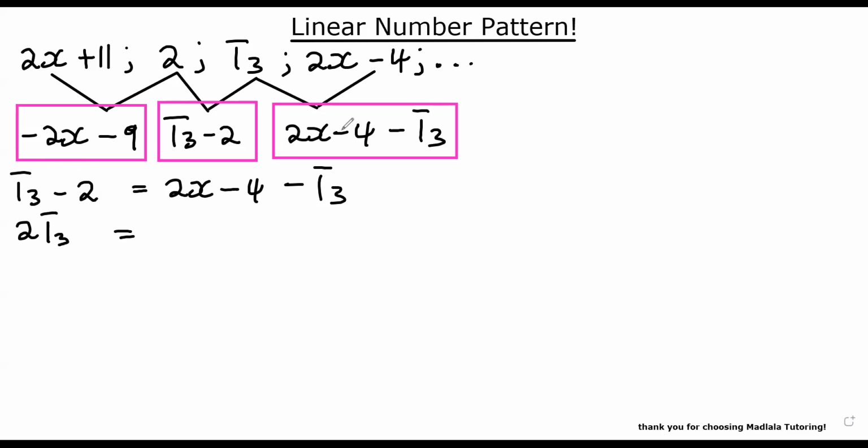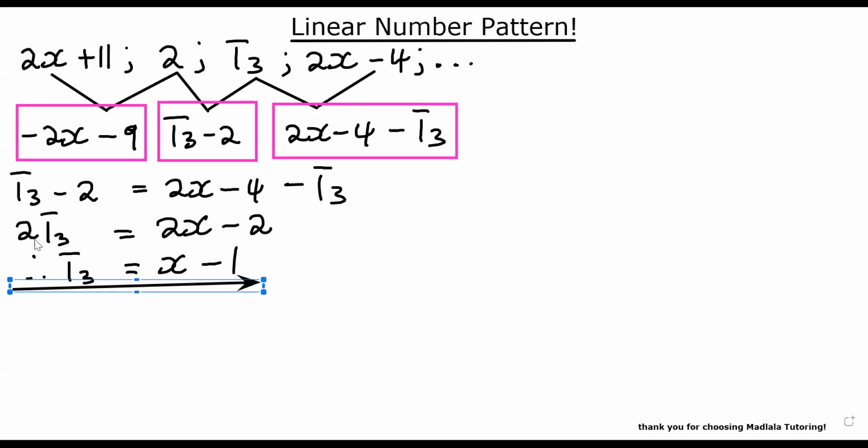Then we take this 2 to the right. It becomes positive. Negative 4 plus 2 is negative 2. So here we have 2x minus 2. And then we divide throughout by 2. So every time you see T3, you actually see x minus 1.